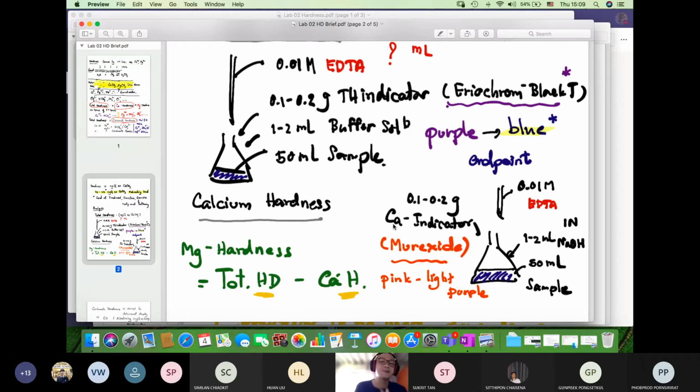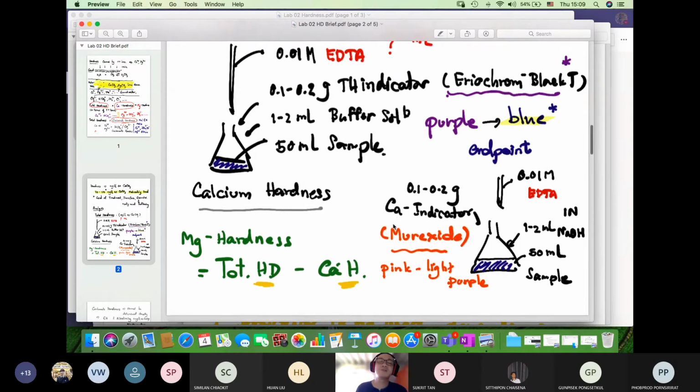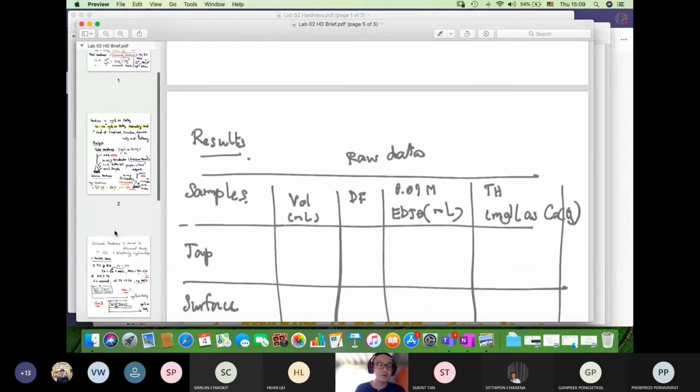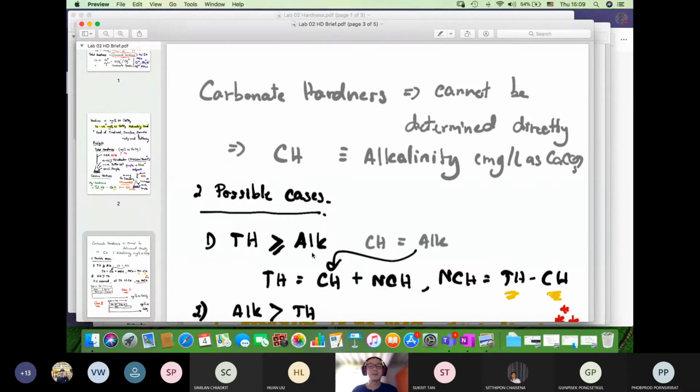So these are the procedures we use to measure the hardness. And as I mentioned, carbonate hardness, we cannot measure it directly. The only thing we can determine is we can measure the alkalinity of the water sample.